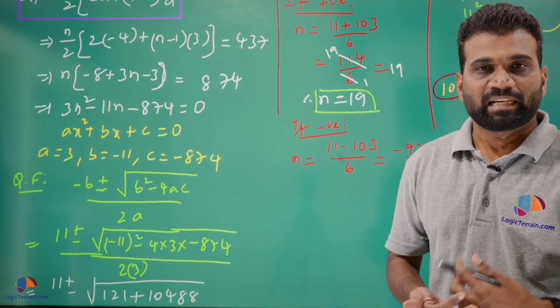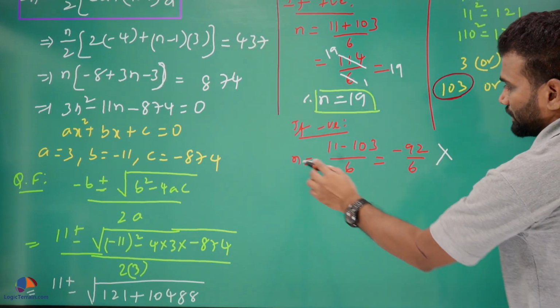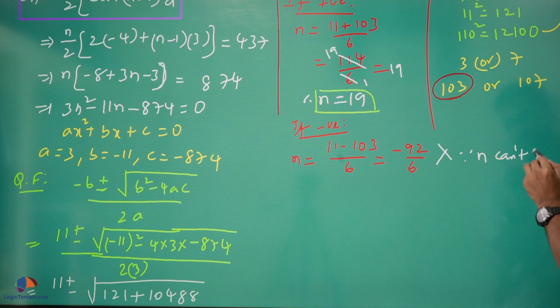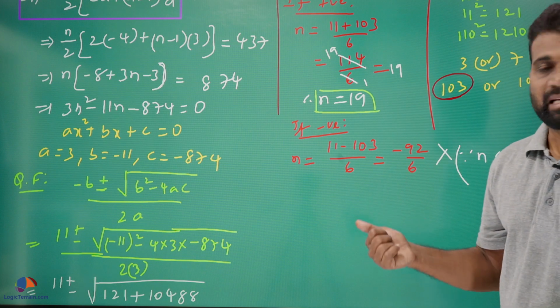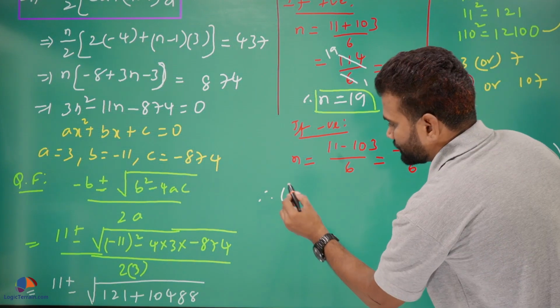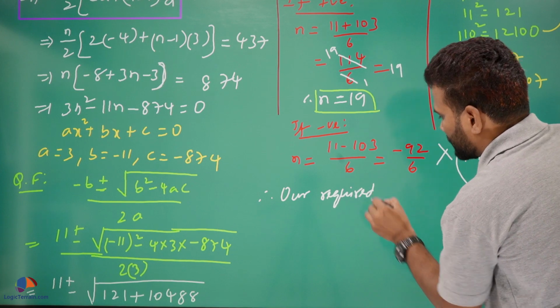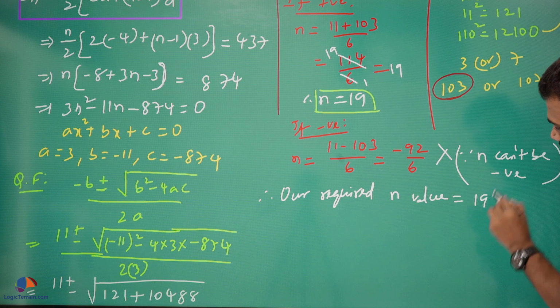The number of terms cannot be negative, so this is out of the way. Since n can't be negative, this won't be the n value. Therefore our required n value is equal to 19.